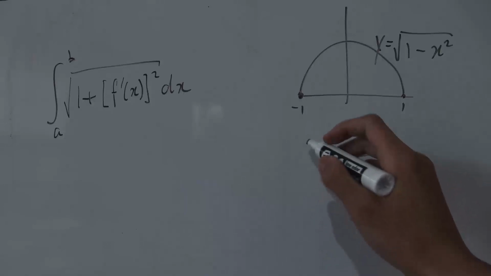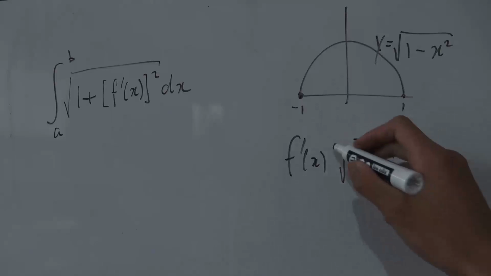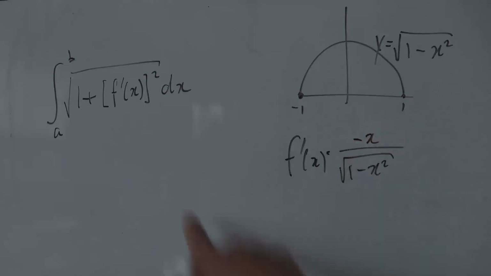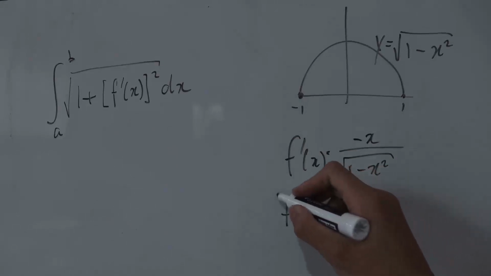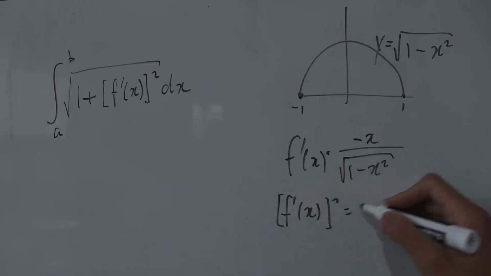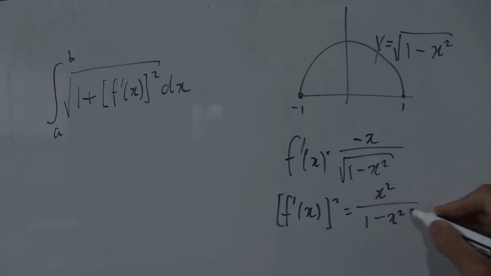So you can say this is f prime of x. In this formula we have f prime of x squared, so we can just square this thing. So f prime of x squared is equal to x squared over 1 minus x squared.